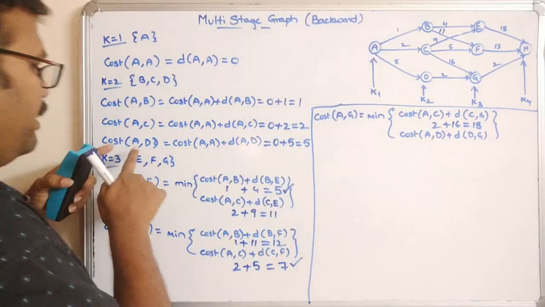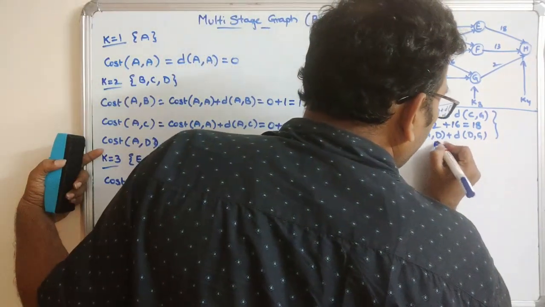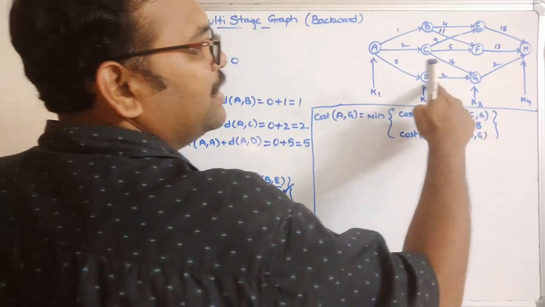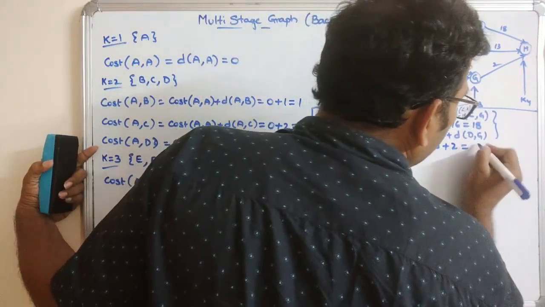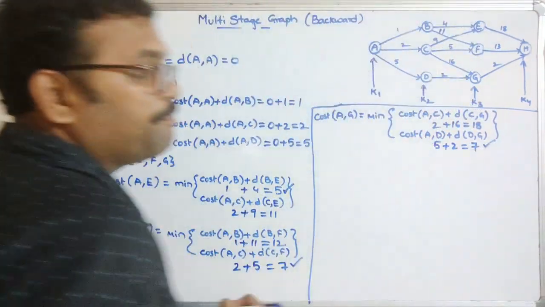The cost of A and D is 5, the distance of D and G is 2, which is 7. So we need to select this one.